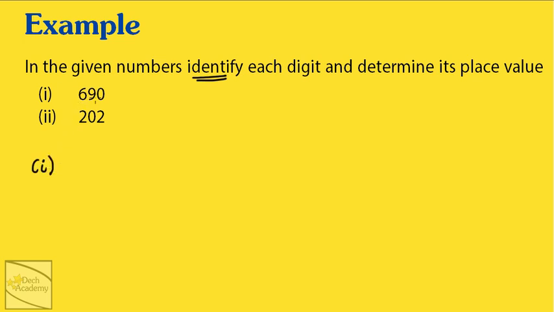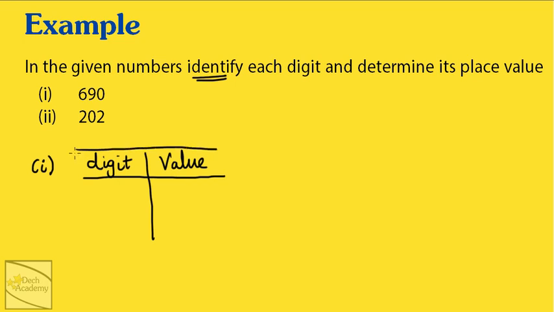The first number is 690. So what I'll do is draw a table, digits and value. We can stop there.